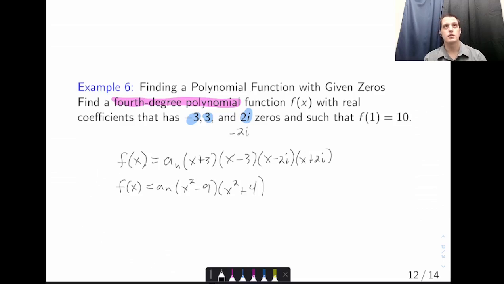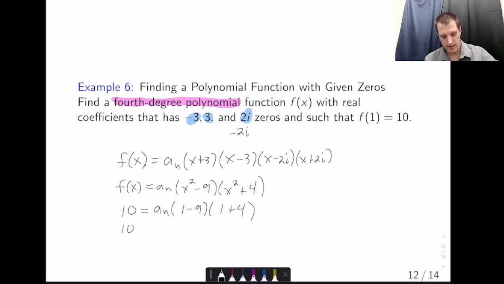And now we just need to solve for our a sub n. I'm not going to go ahead and distribute anymore. So here we're saying that when we plug in 1 for our x's, our y becomes a 10. We get 10 is equal to a sub n times 1 minus 9 times 1 plus 4. Yes, I squared the 1's.